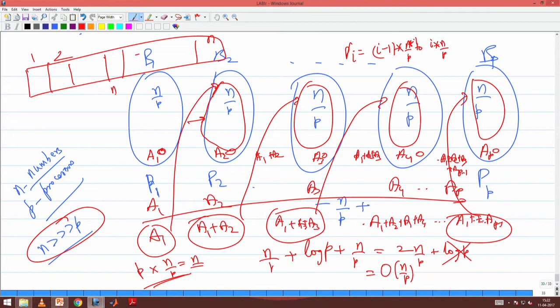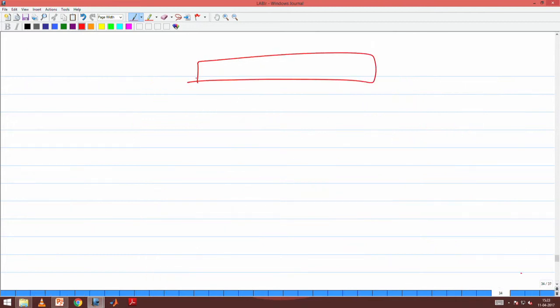Let me say we will have 2 processors and 8 numbers. Here is the array A: A1, A2, A3, A4, A5, A6, A7, A8. And this is array B with the index 1, 2, 3, 4, 5, 6, 7, 8.